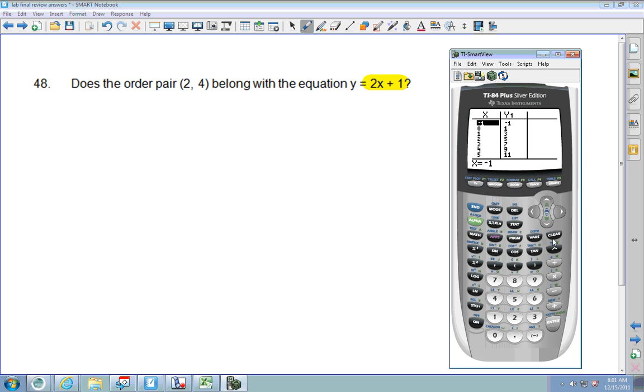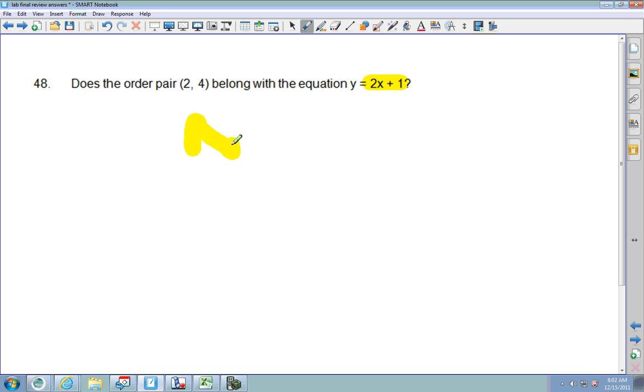Let's look and see if 2, 4 is in there. Does it say 2, 4? No, it says 2, 5. So 2, 4 does not belong; 2, 5 belongs. Okay, and I looked that up in my calculator.